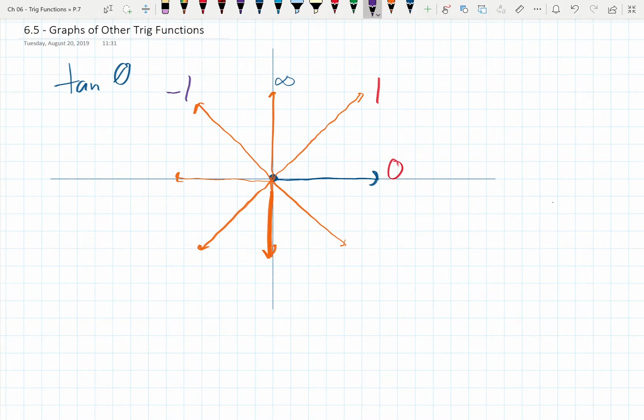Then we go to -1, because one of the values is negative, one's positive, but they have the same ratio. Then we go to -0, or just 0. Cycling back down into quadrant 3, we get 1. X and Y are both negative. Then we get, yeah, we're just going to call it infinity.